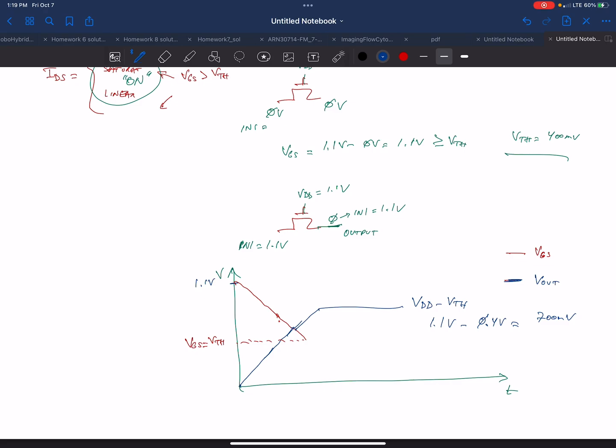Everybody clear with that? So PMOS has the same issue, but it's reversed. With a PMOS, you can pass a good 1.1 volt or logic binary 1, but you have a hard time trying to pass a 0 because the PMOS turns off when you get to 0 volts plus the V threshold.